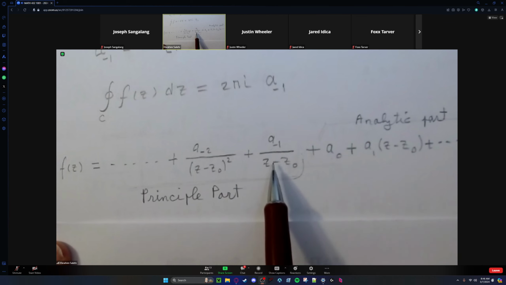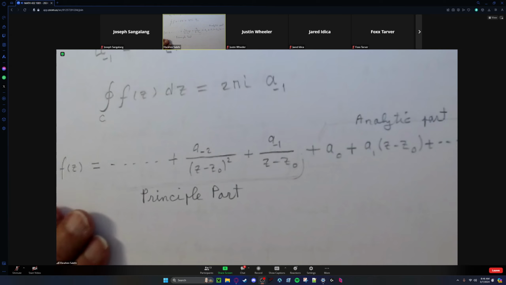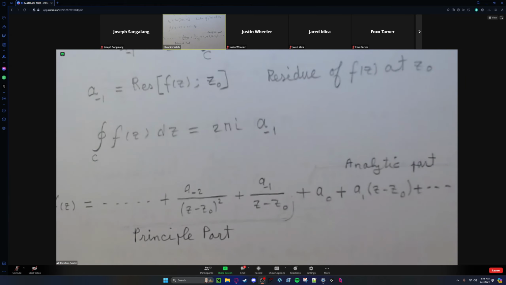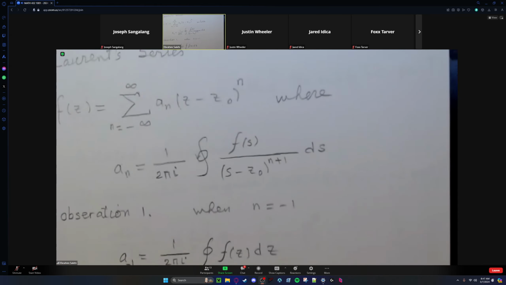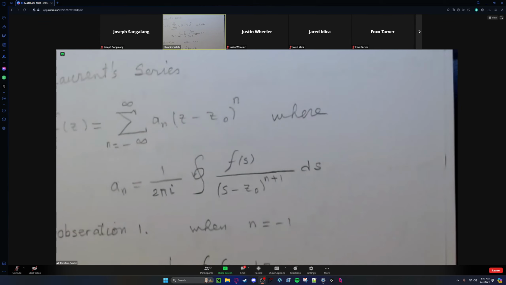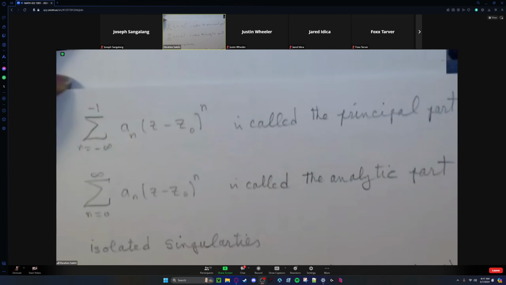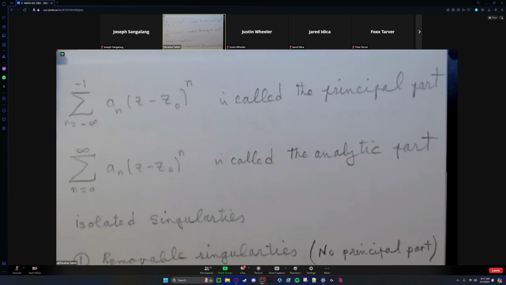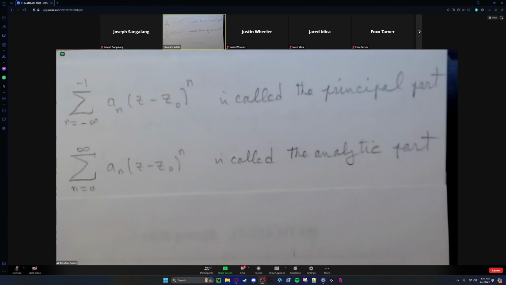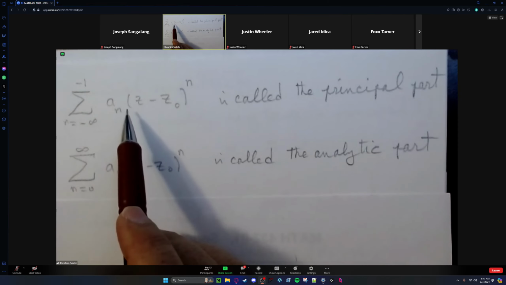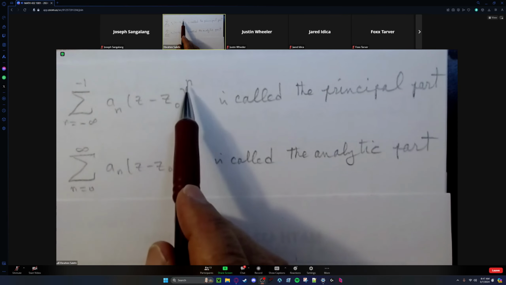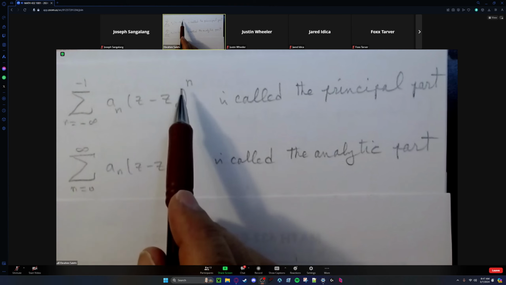Okay? There are three types of singularities. So you look at the principal part, the terms where the exponent of z minus z0 is negative.